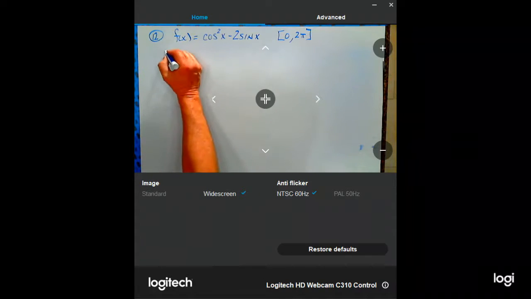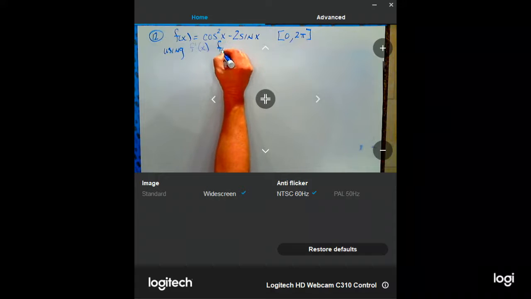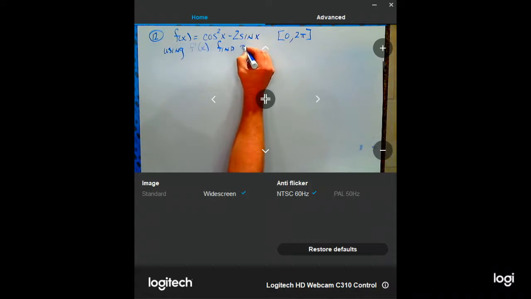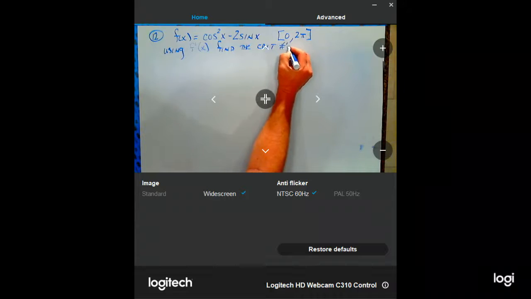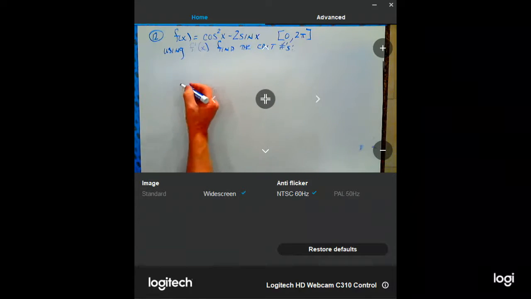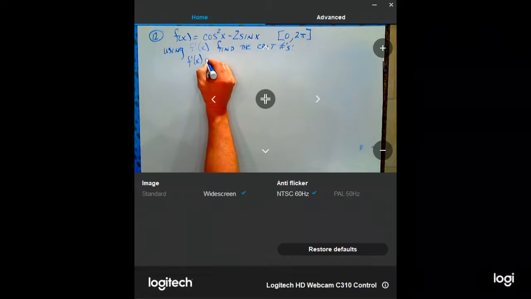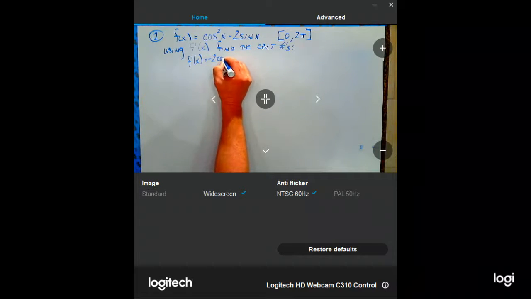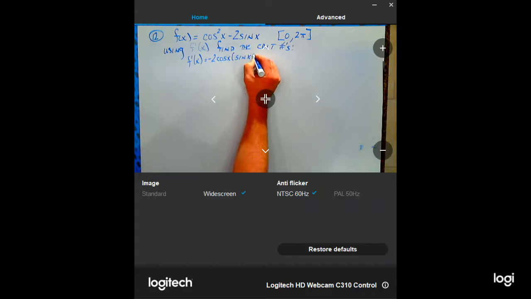So using f prime of x, we want to find the critical numbers. That's what we want to do. Now, f prime of x, as you have written in your notes, turned out to be negative 2 cosine x times sine x plus 1.